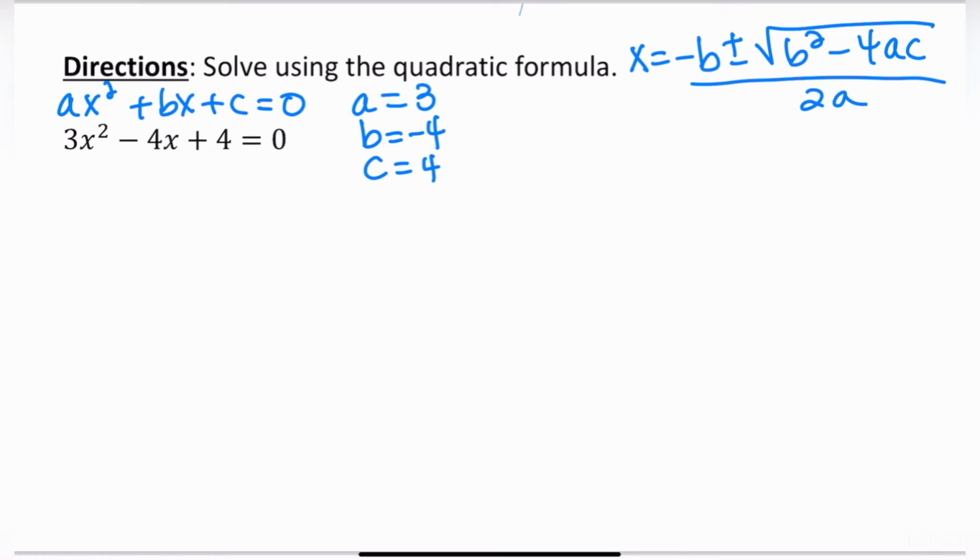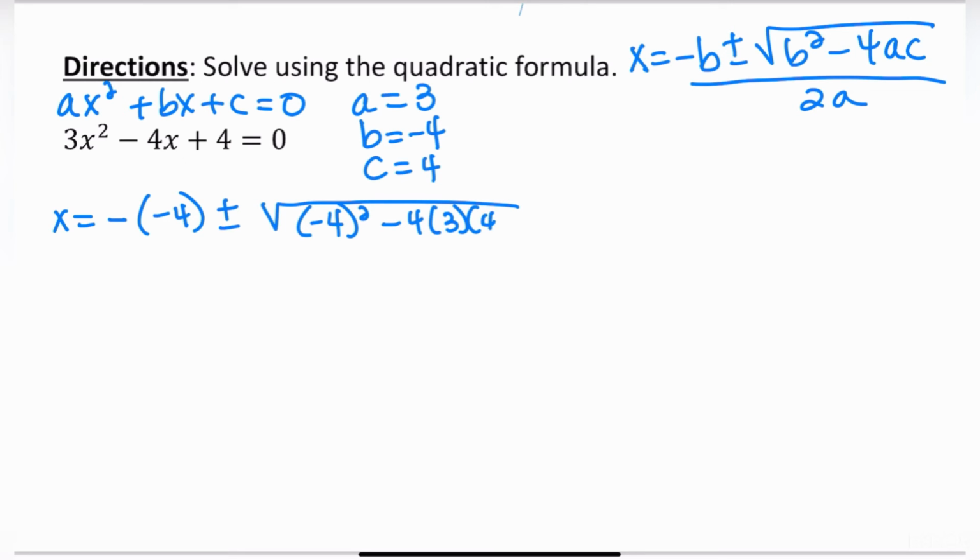So let's go ahead now and substitute into the quadratic formula. X equals negative, once again, b happens to be negative, so I'm going to write negative 4 plus or minus the square root of, in parentheses, b squared, negative 4 squared, minus 4 times a times c all over 2 times a.